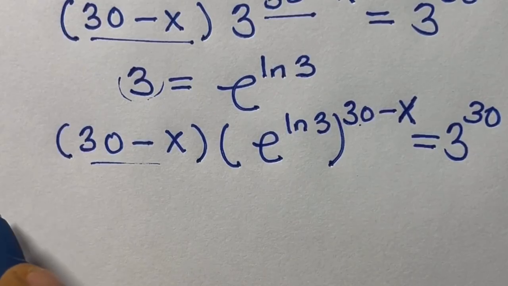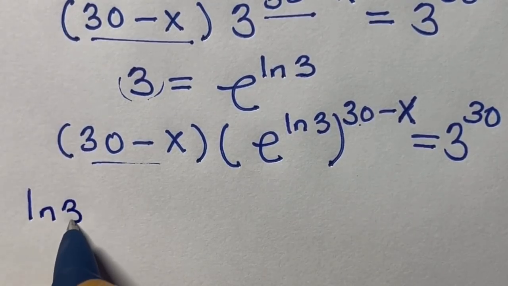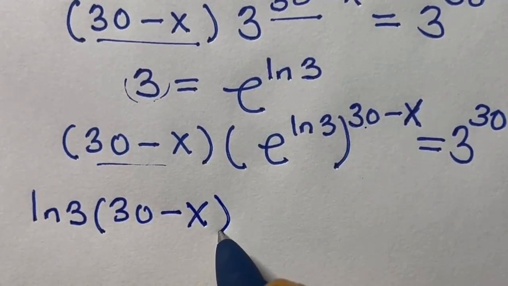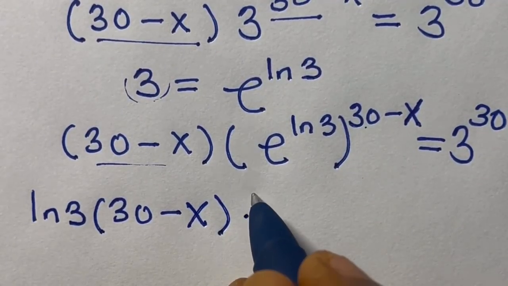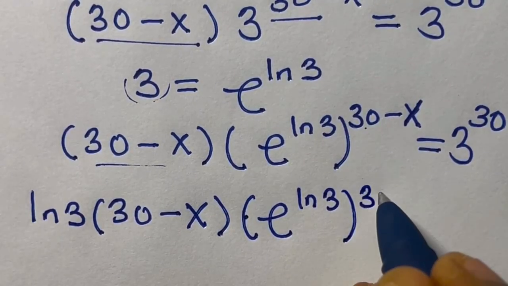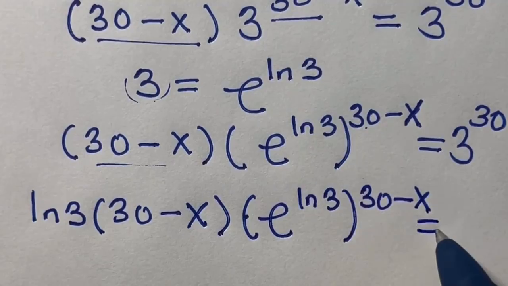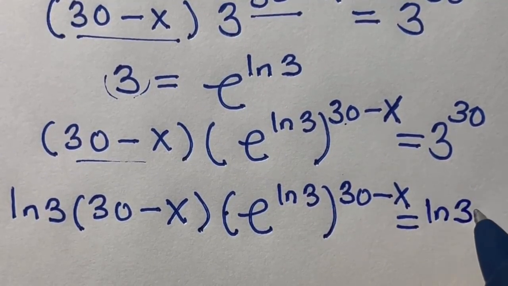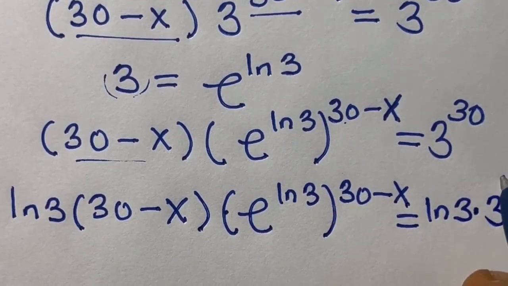So we have ln 3 multiplied by 30 minus x, then multiply by exponential ln 3 multiplied by 30 minus x equals ln 3 multiplied by 3 raised to power 30.